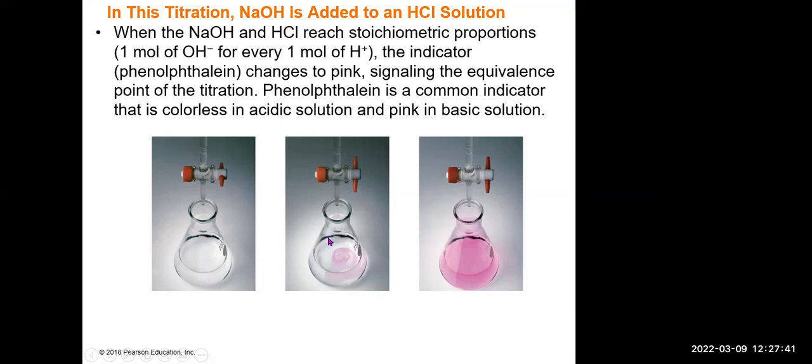So when this signal happens, that means we don't have any acid in the flask. Both are used up, so the pink signals the equivalent point of the titration. Phenolphthalein is a common indicator that is colorless in acidic solution and pink in basic solution.